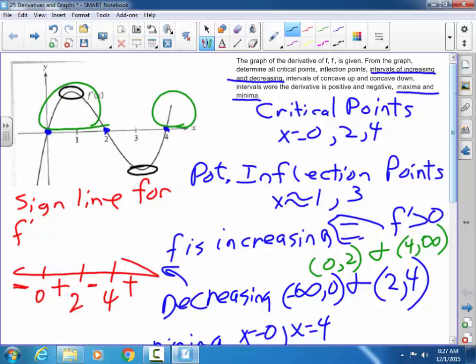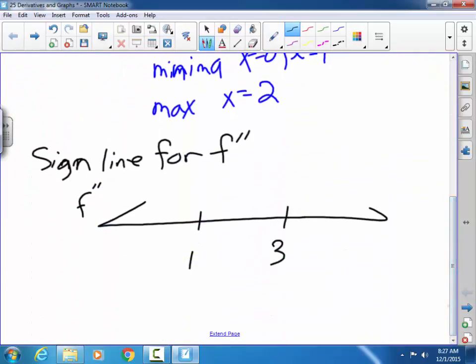So if we look in here, the slope of our graph all the way up to this point here that we've got circled around 1, what would you say about the slope from everywhere up and to 1? Is that slope positive or negative? It's positive. So that tells us then that the second derivative is positive before 1.